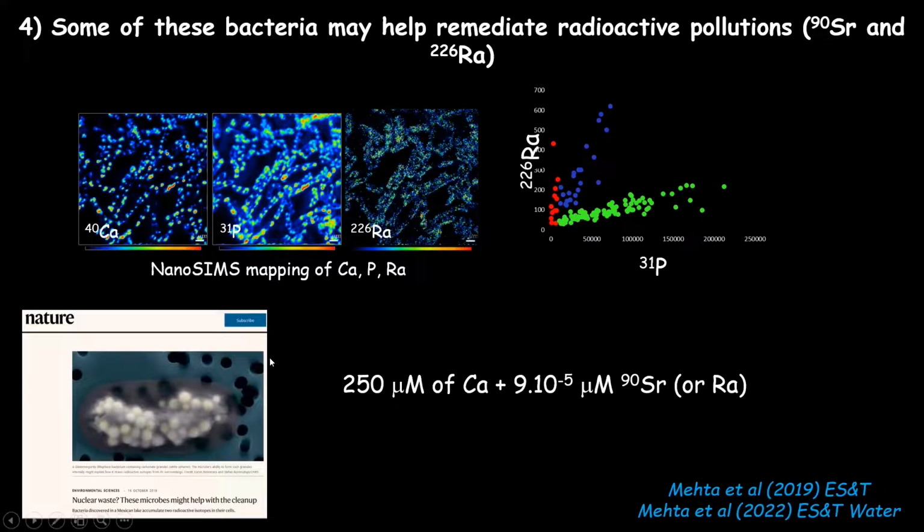This is what, for example, Mehta here showed using NanoSIMS: even at very low concentration of radium mixed with a lot of calcium, the radium isotopes are taken up by the bacteria and put in the carbonates. That's very interesting if you think about depolluting some environment where you have calcium, which is the case in any environment, and very little amounts of pollutants.